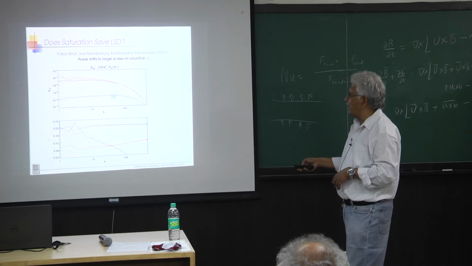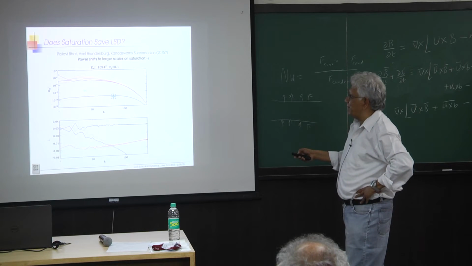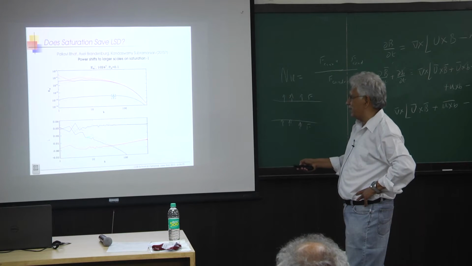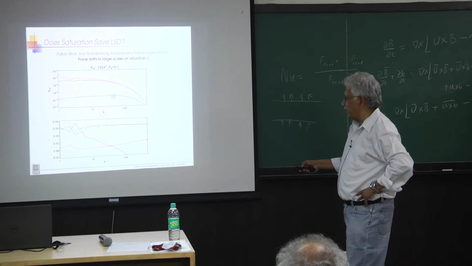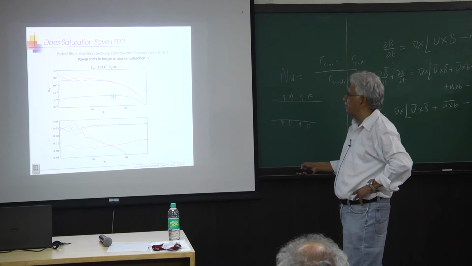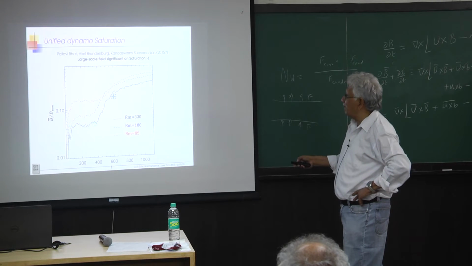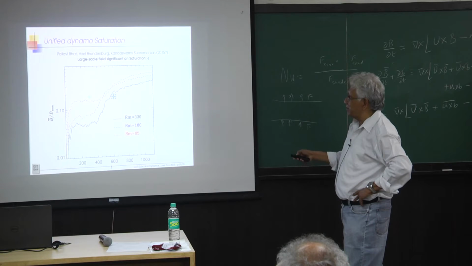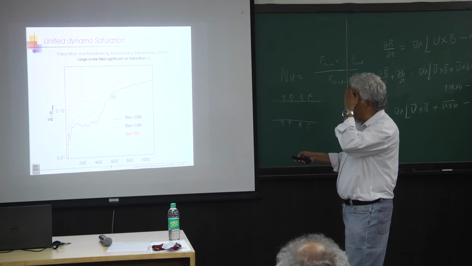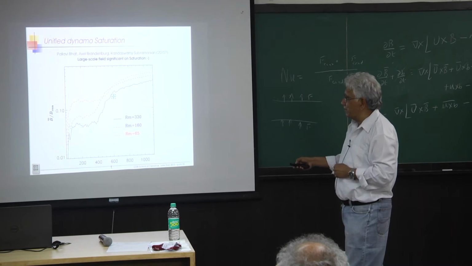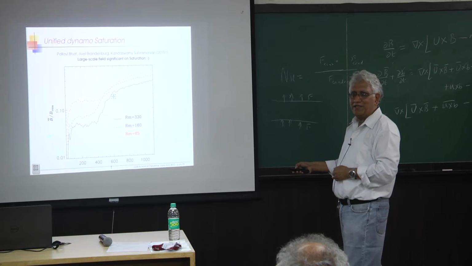And if you look at the spectrum at different times, initially the growth rate was uniform, then as you can see in a different way, the large k's stopped growing, and at final time everything more or less stops growing, or grows very slowly. This is the mean field now. There is this catastrophic quenching. Smaller Reynolds number have more mean field than larger Reynolds number in the kinematic stage.